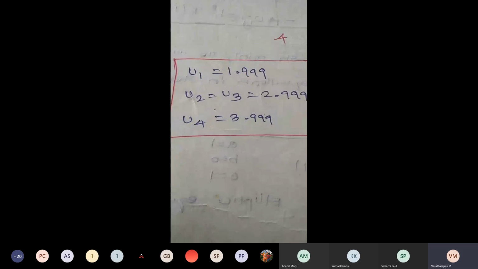And u1 might be 2, u3 might be 3, and u4 might be 4.